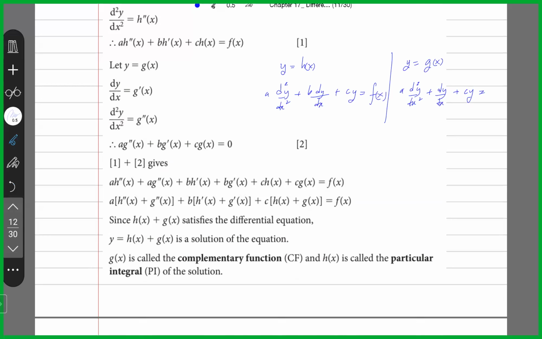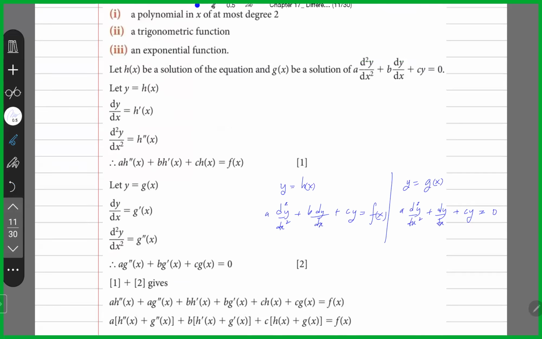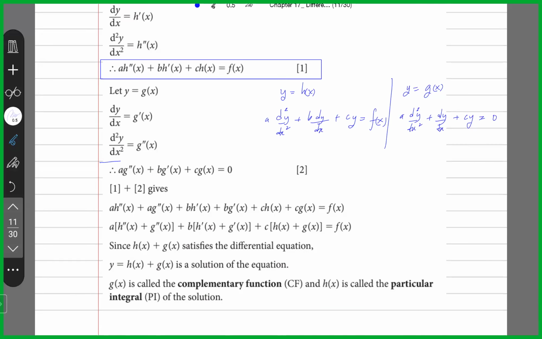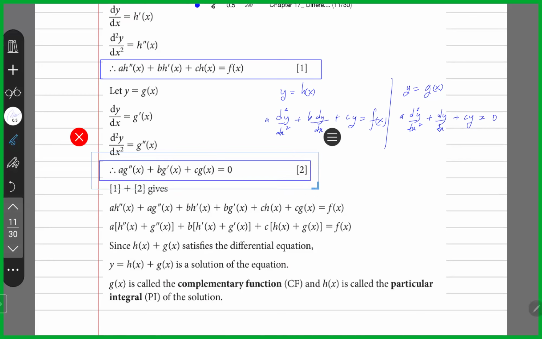Here is 1, and here is 2. If I add 1 and 2, essentially what they're saying is that I would still have a solution.